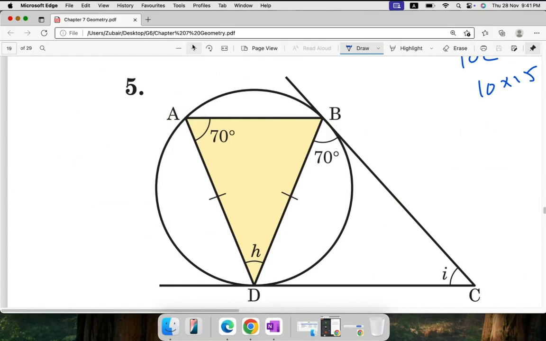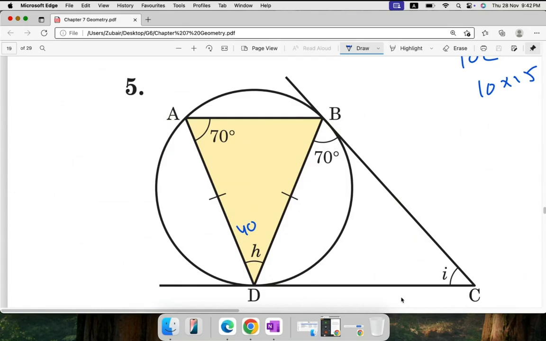Are you getting it? Yes, I think. H, I'm getting 40. H, yeah, 70 times 2, and then you subtract from 180. Correct, Harris. This is 40. Yes, sir. I got H 40. Yeah, correct.